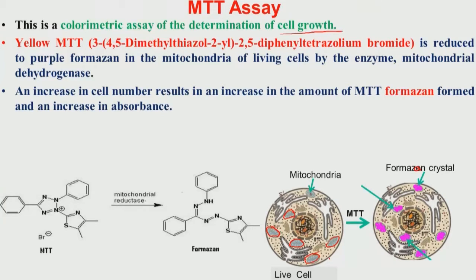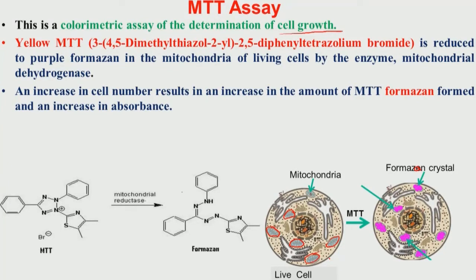Then the change in the optical density is recorded by a microplate reader or so on, and that change in optical density will reflect certain aspects, whether it is cell viability or cell death, something will be detected.